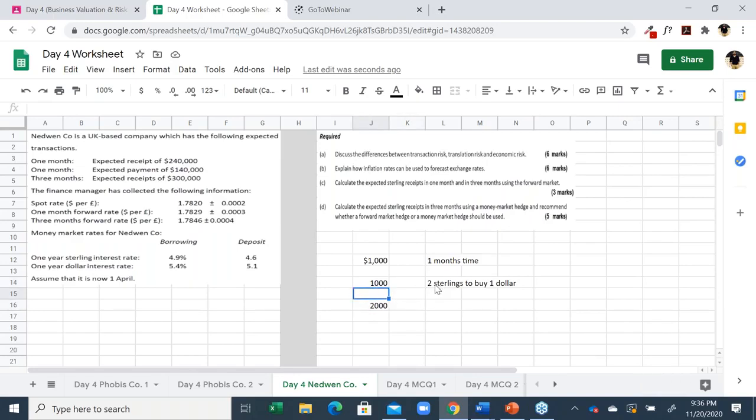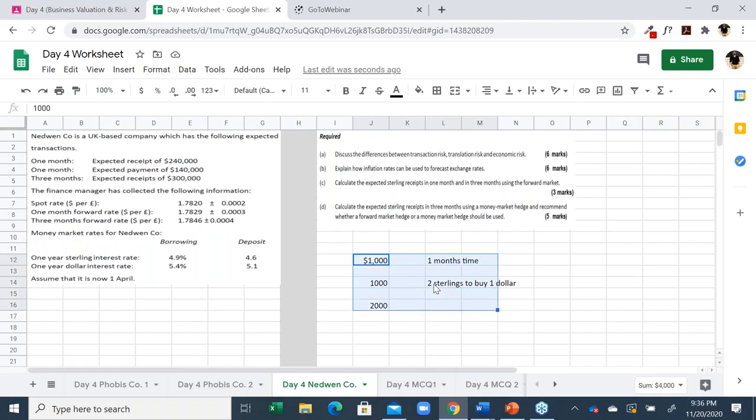So if the exchange rate goes up to 2 sterlings, we will be at loss, and this risk is because of the exchange rate moving upwards, and that is called exchange rate risk, where the exchange rate changes in such a way that it puts us at loss. That's called exchange rate risk, right?